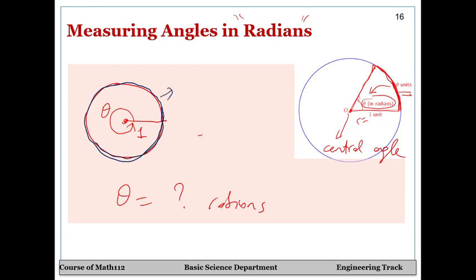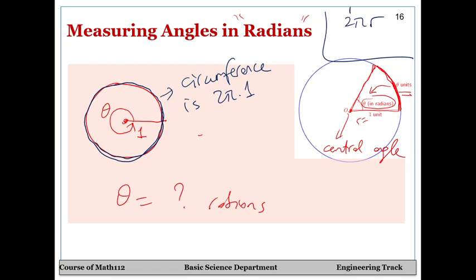So the whole circle's circumference is 2 pi times 1. This is coming from the circumference, or perimeter, of a circle, which is equal to 2 pi r, you know. The circumference of a circle is 2 pi r.